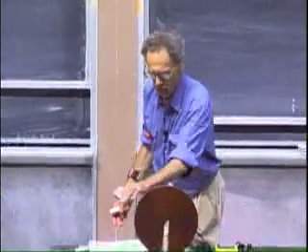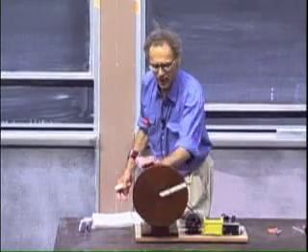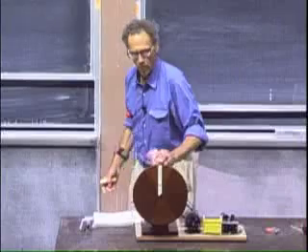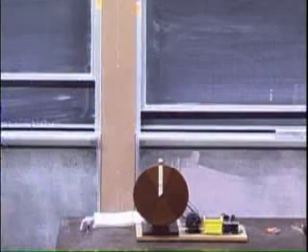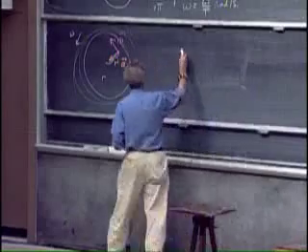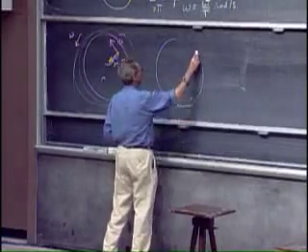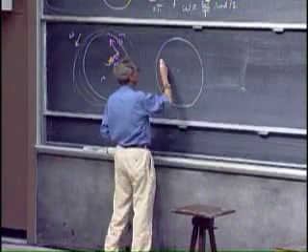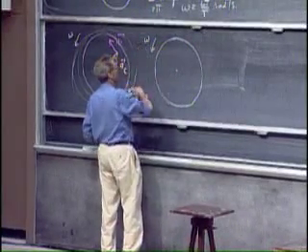I have here a disk, which we will rotate, and at the edge of the disk we have a little ball. The ball is attached to the disk with a string. Now this is vertical, and it is going to go around with angular velocity omega.